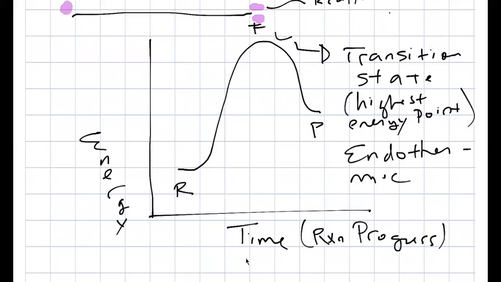It's also where bonds are made and bonds are broken. So in the transition state, you're going to have partially formed bonds and partially broken bonds. The thing about a transition state, though, is that you can't isolate it. That's a very key piece of information. It can't be isolated. It's only a theoretical.